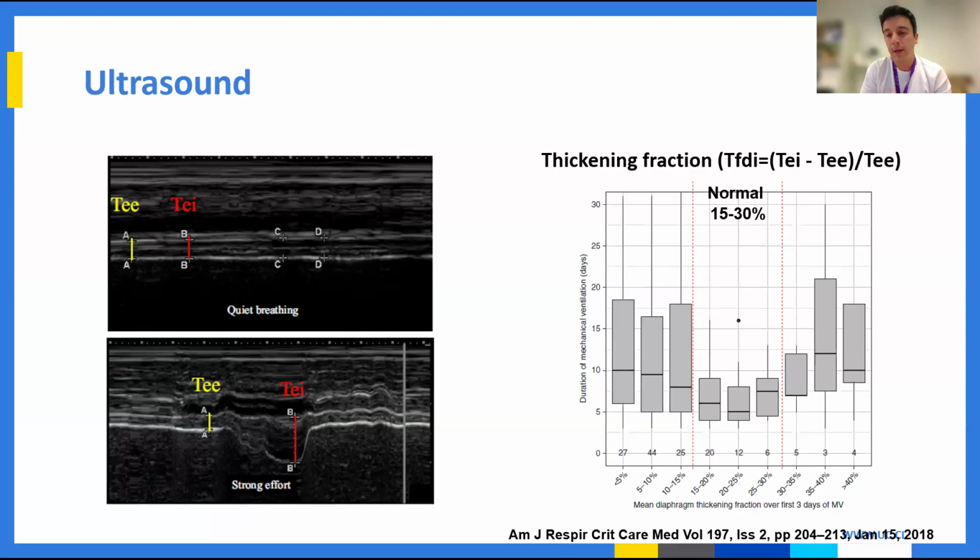And if you have a lower or higher thickening fraction, it can be associated with duration of mechanical ventilation. So this is a really nice and non-invasive technique that clinicians are using to observe how the diaphragm is functioning.